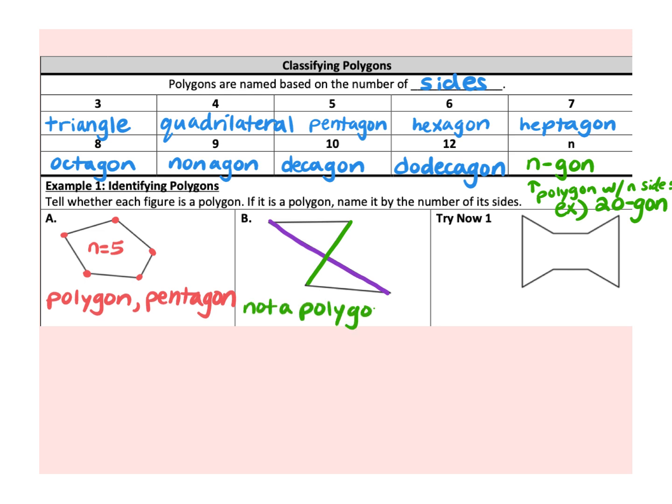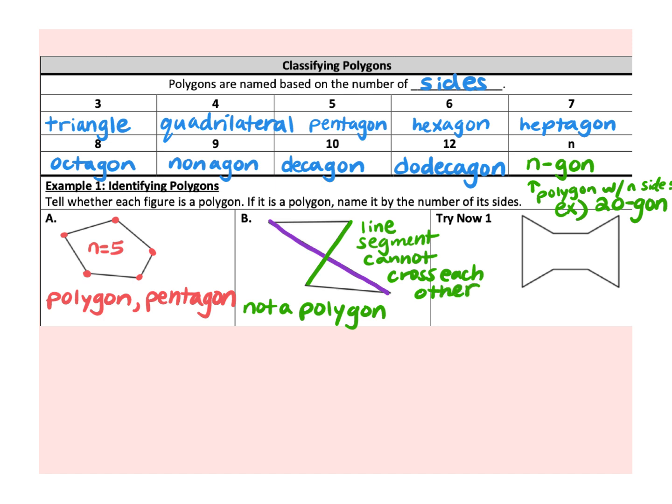One of the criteria for a polygon is that the segments have to meet at the endpoints. So the line segments cannot cross each other. They cannot intersect. If they cross each other, you don't have a polygon.